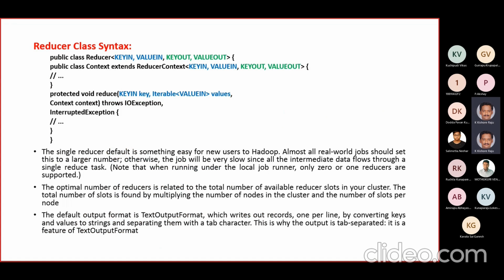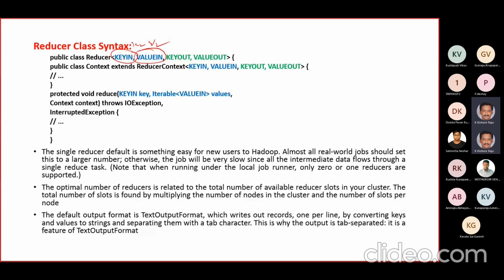Next, the reduce class syntax. Here the reducer's input is the key that was given by different mappers, and its corresponding values given by different mappers will become the input key-value pairs. So that is K2 and V2.